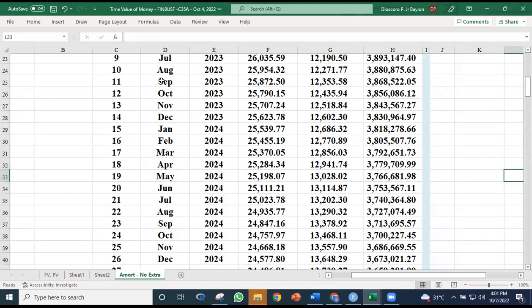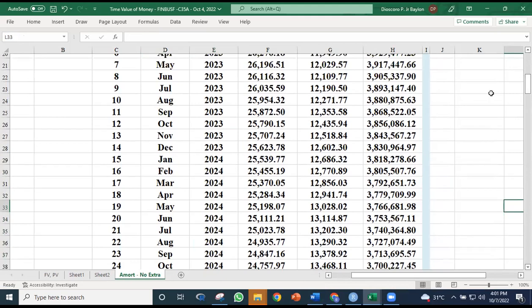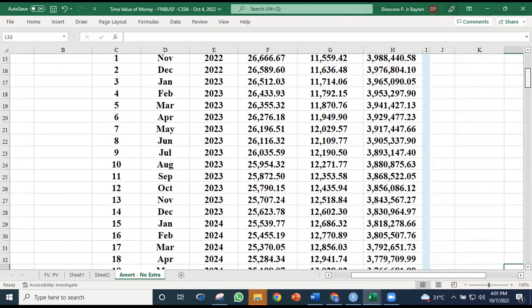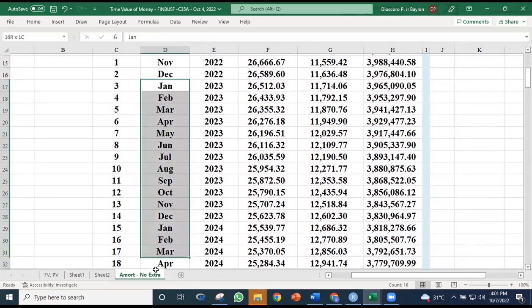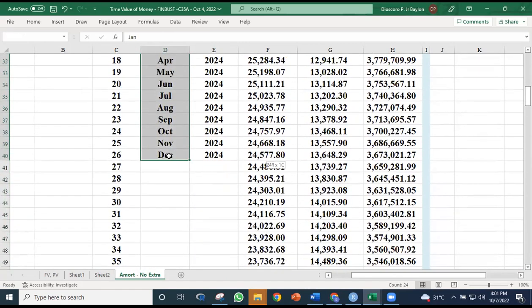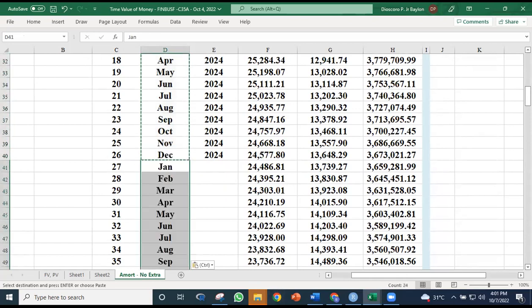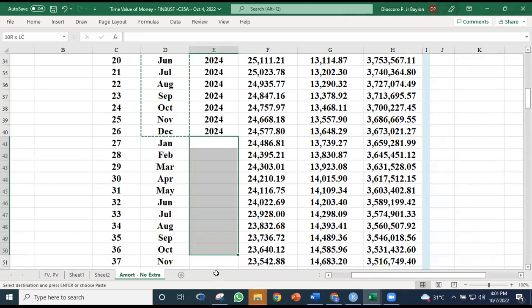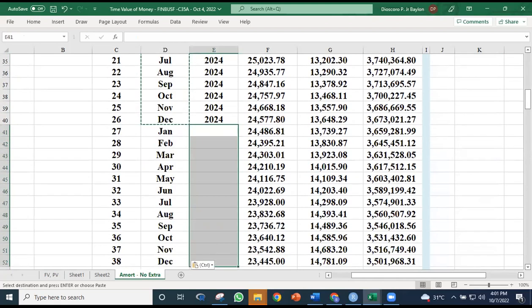Right? So anyway guys, hindi ko na i-illustrate sa inyo to. So, pwede natin i-copy yung dalawang months yan. Control C, control V. Okay, para mas mabilis yung copy. Tapos ito naman, okay, hanggang December. Okay, type 2025 and then control enter.